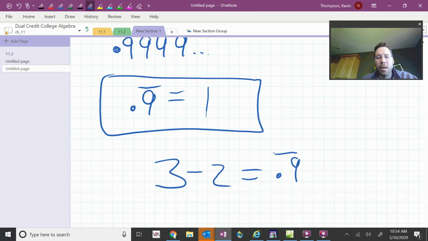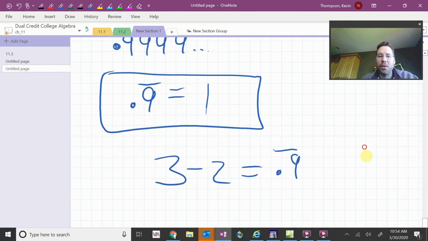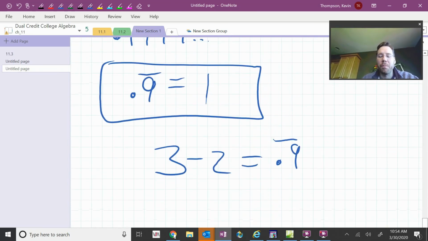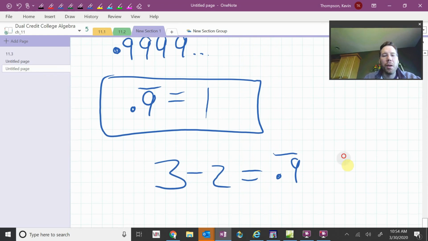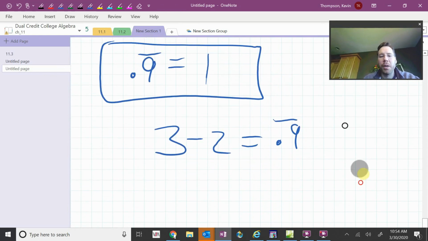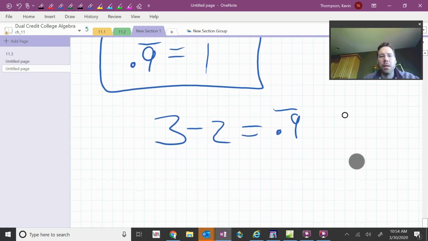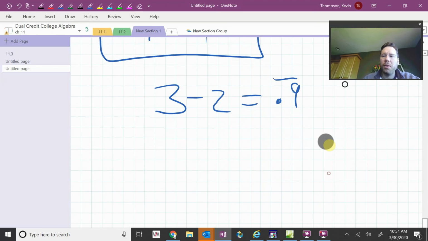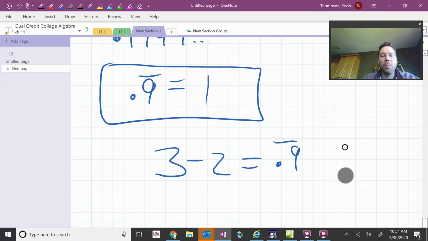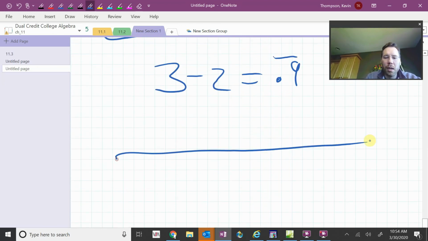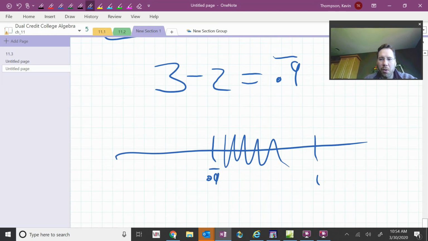Now, some of you are looking at that and you're going, what? This doesn't make any sense. Well, what other number would it make sense to call 0.9 repeating? So if I would say this, there would have to be a number in between. Like if I think about the number line, and I think about 0.9 repeating and 1, if they're not the same number, there is some number or numbers in between them, right?